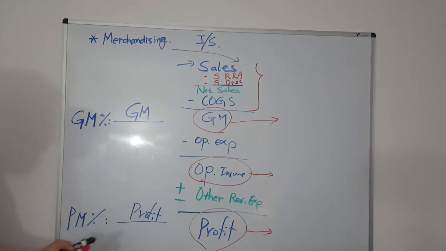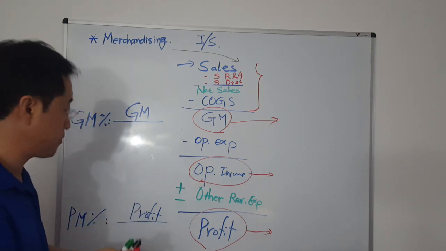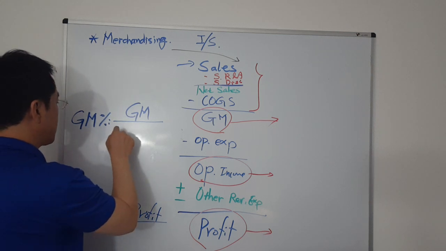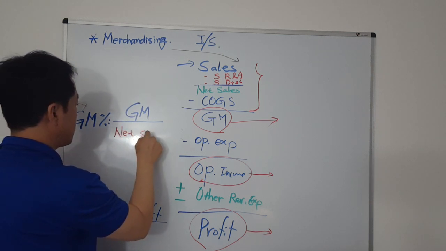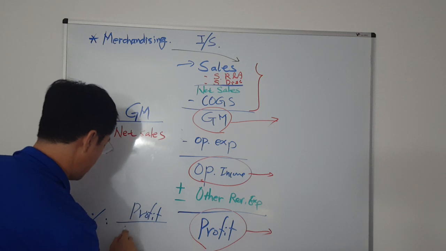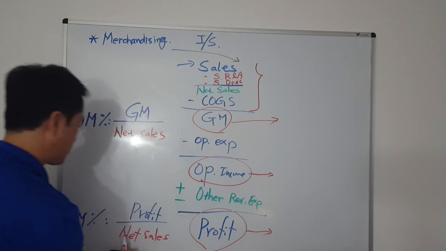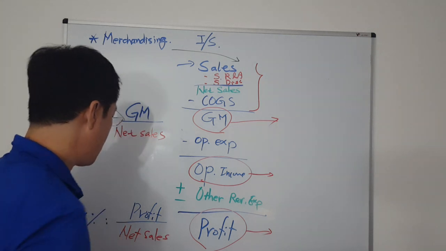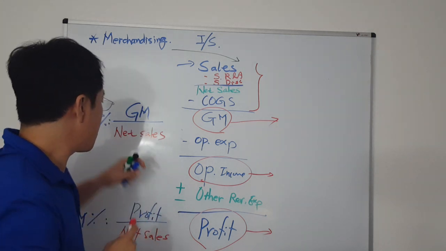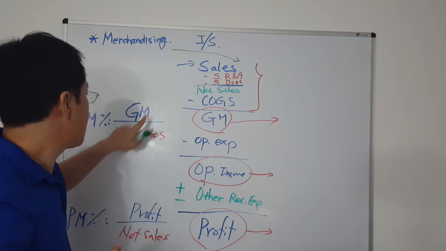That's the numerator. What's denominator? Based on what? Sales, net sales, what? Net sales.